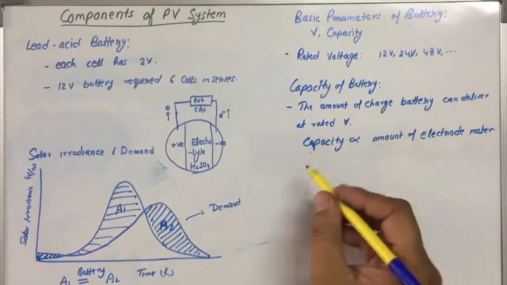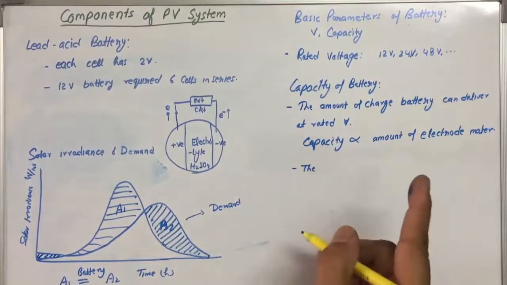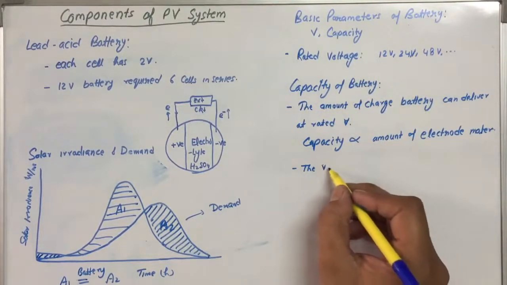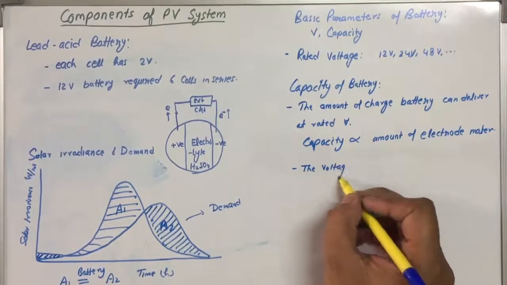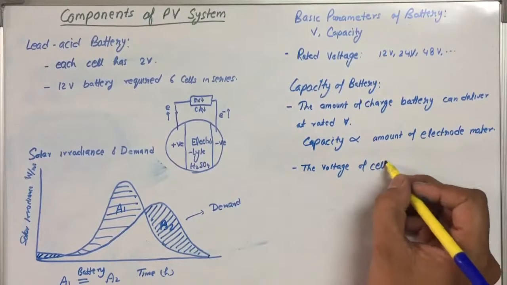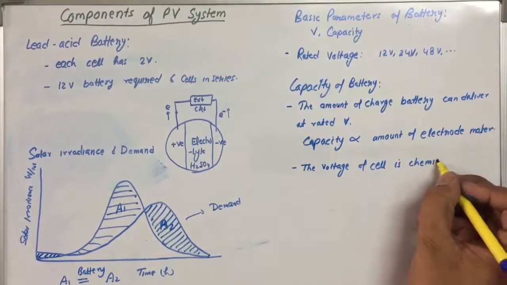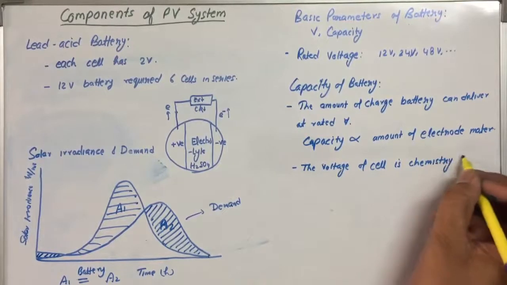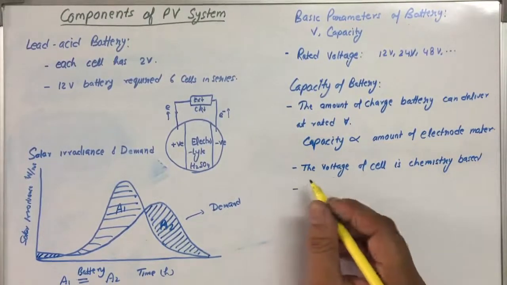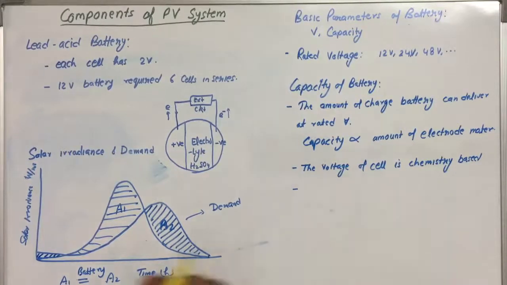Thus from here we can say the voltage of the cell is chemistry based. However, the capacity is based on the quantity of the material used.